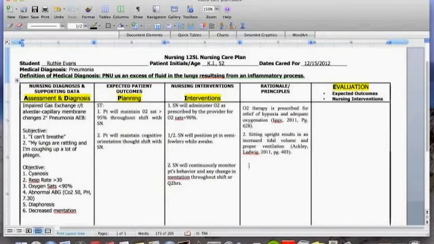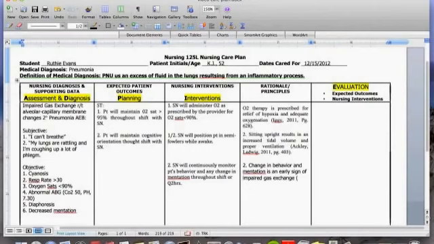And I like these to line up here. I also happened to find a rationale for this in my Ackley and Ladwig book, and it says change in behavior and mentation is an early sign of impaired gas exchange.